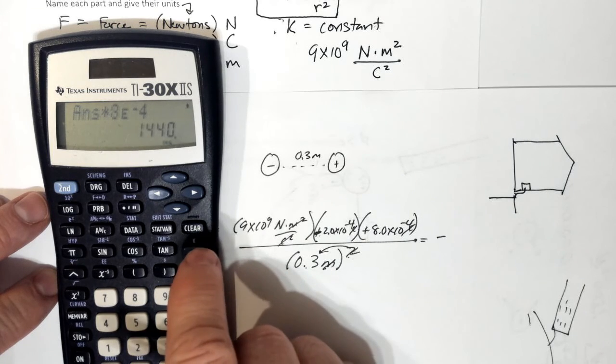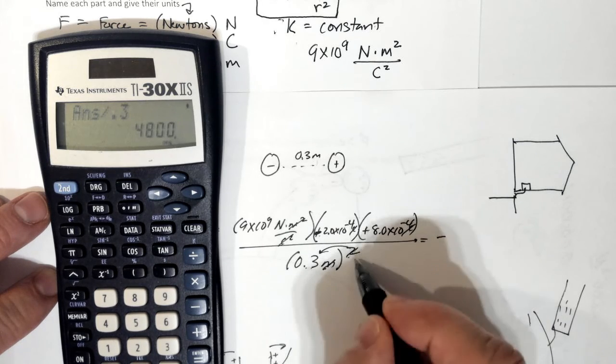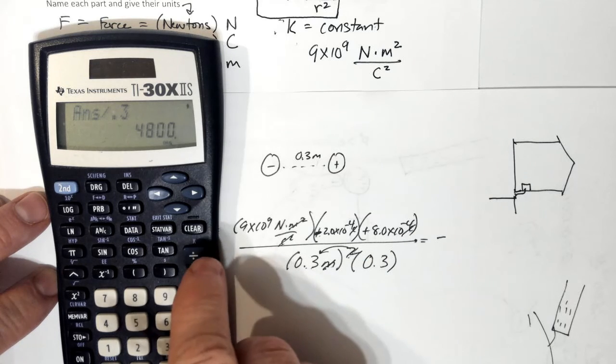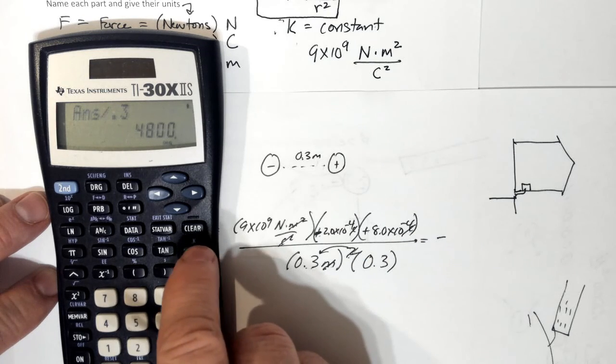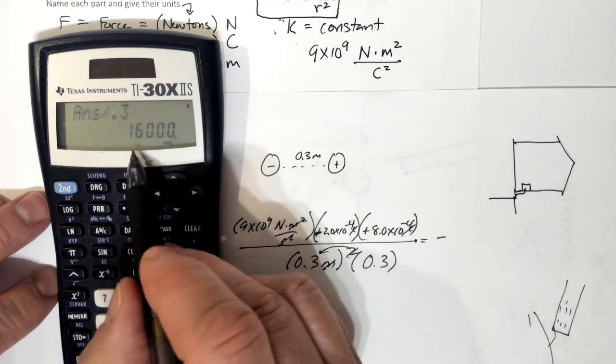Now divided by 0.3 equals, and I'm at squared, so there's really like 2 of them. And then I'm going to go equals and push divided by 0.3 again equals.